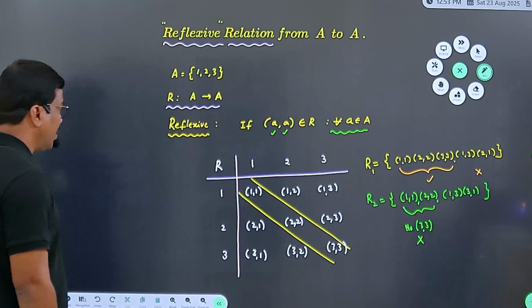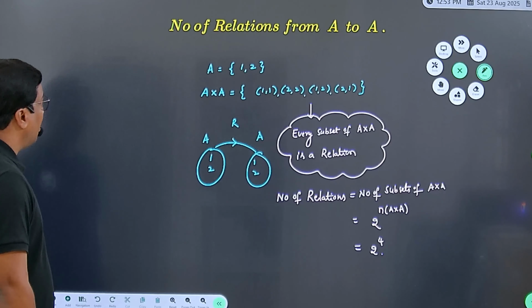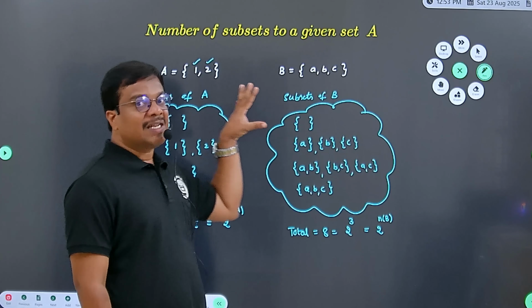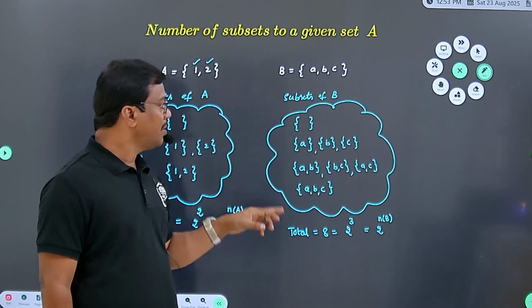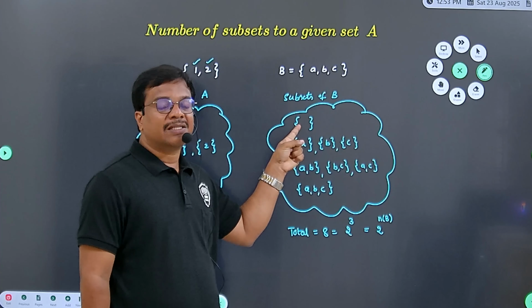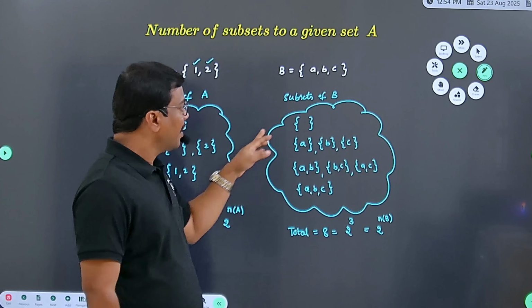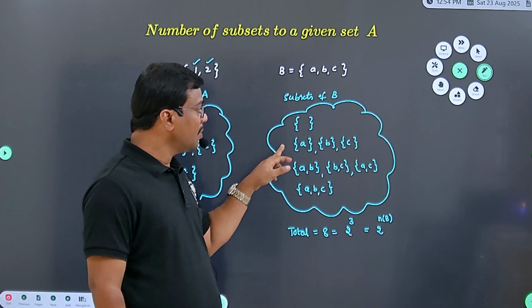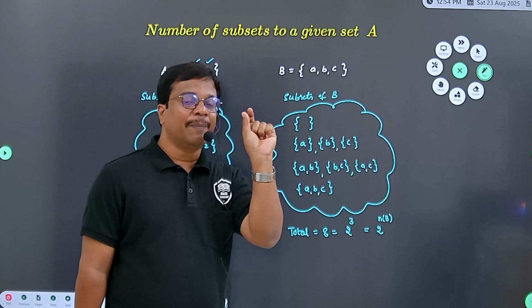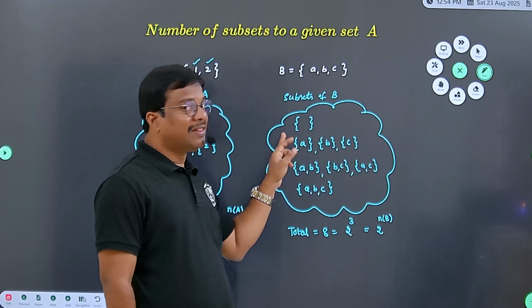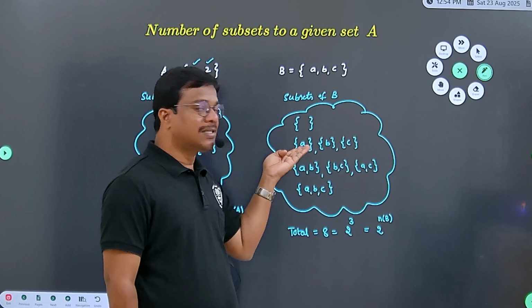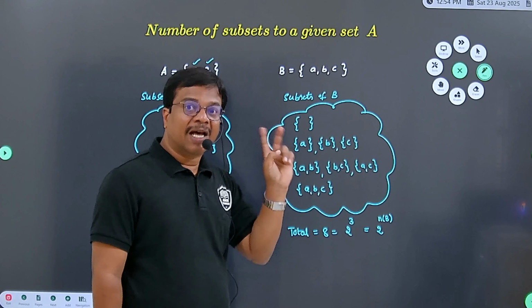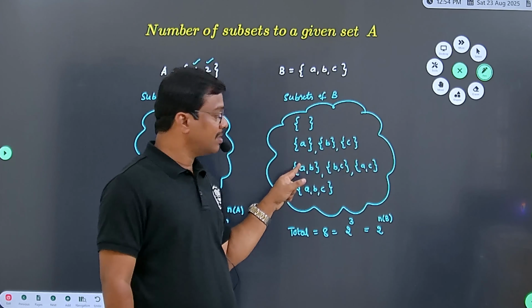Because you know the definition of subset and the number of subsets. If there is a chance to write non-diagonals, suppose this is the case without non-diagonals, only the diagonals; that is one chance. Next, one ordered pair along with diagonals, another chance.